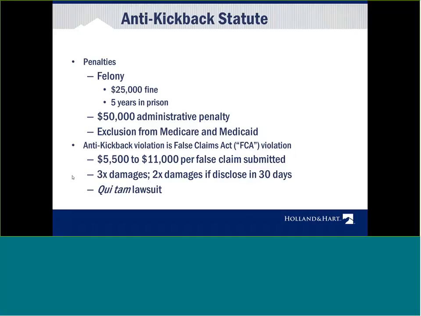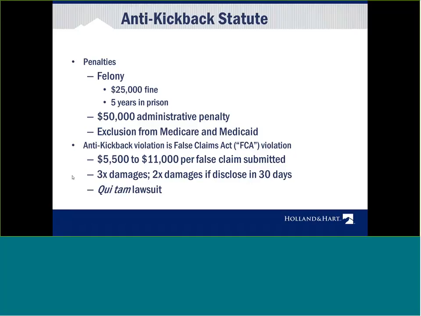The way that oftentimes anti-kickback violations, including violations that may relate to some of the things we're going to talk about, free services or practices of discounting and providing items which are intended to induce referrals, often work their way to the government for investigation and potentially prosecution is through whistleblowers.